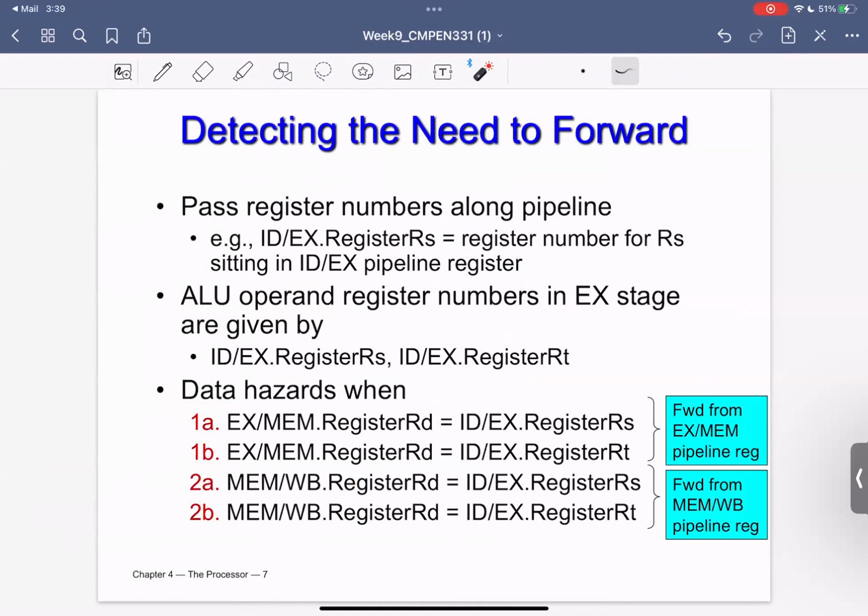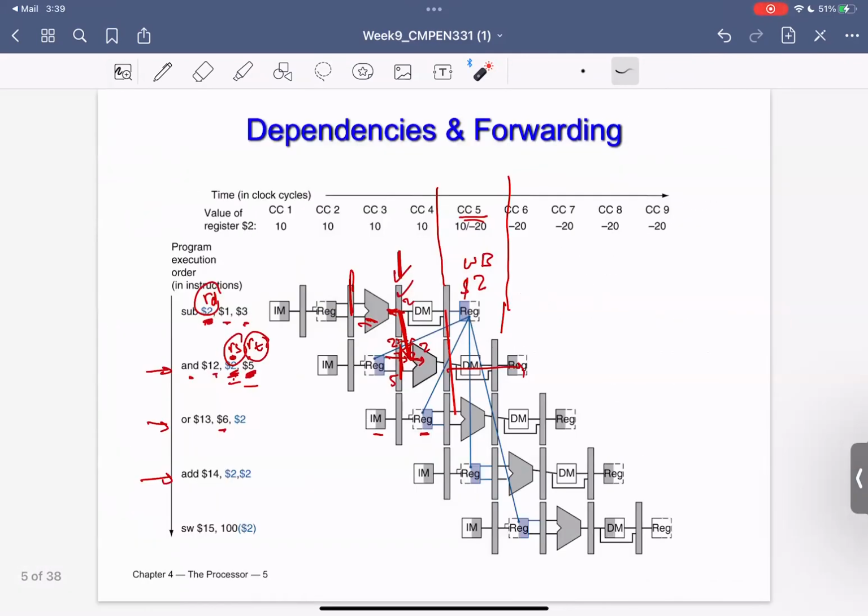With the same concept, I will check also the RS and RT in this same register with the RD in the memory write back register. So I'm checking again whatever I have, instead of this and this, I'm checking whatever is in this and that. If RD here and then RS and RT here, because that actually belongs to this and that actually belongs to that in this particular situation, if they are equal, please forward from the output of the memory.